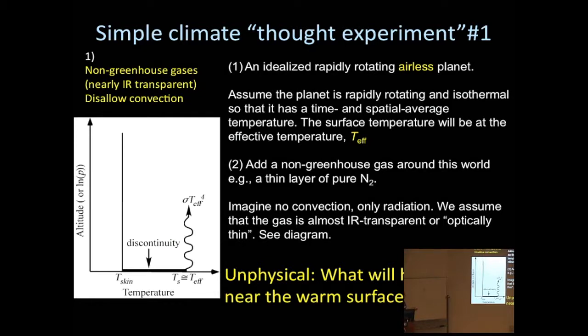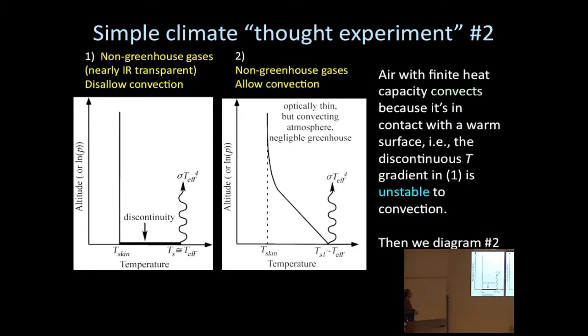Why? Because near the warm surface, it's got to convect. So let's add convection, and then we get this. We'll have a convective profile. Remember, this is still not a greenhouse gas in this atmosphere, so our surface temperature is still pretty close to our effective temperature.